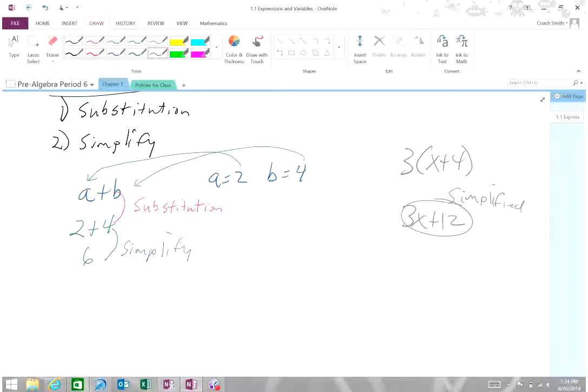Okay, it means that you take the expression, whether it's a numerical expression or a variable expression, you take it down to its lowest terms, simplest form, lowest name. Those are all synonymous terms. Okay, those all mean the same thing. All right. Now, in our particular case for this specific problem, yes, I ended up with a one-number answer. Most of the ones you're going to deal with, yes, you're going to come up with a one-number answer. So that's what evaluate means.